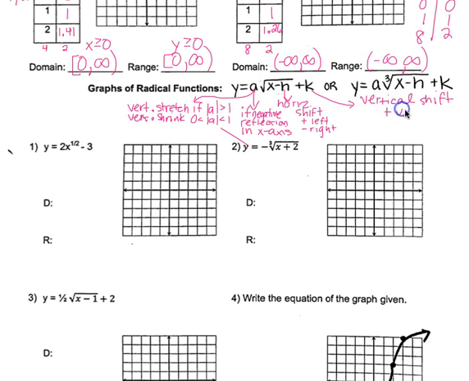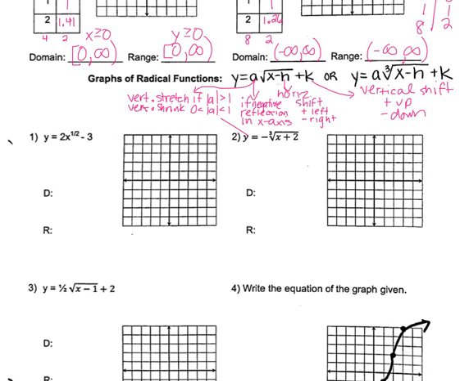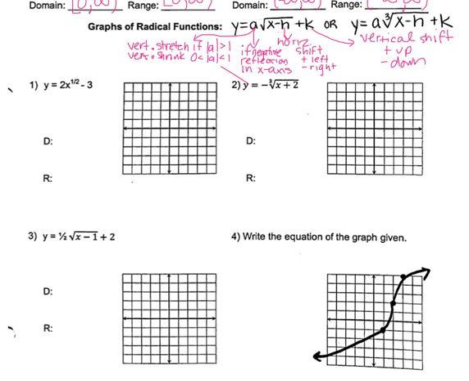And if it's positive, it goes up. If it's negative, it goes down. So it doesn't matter whether it's a cube or a square root graph, the transformations are going to be the same. It's just we're going to use a different parent pattern. So let's get into looking at some examples.